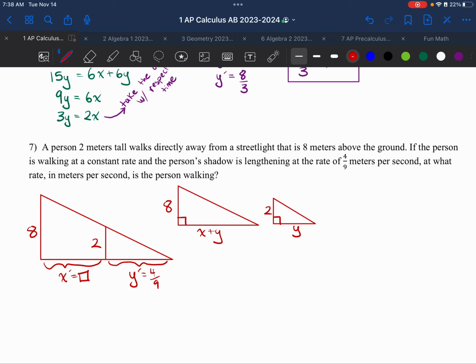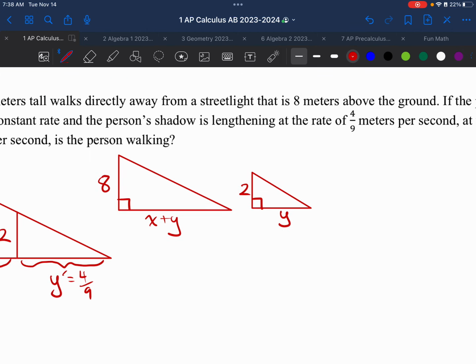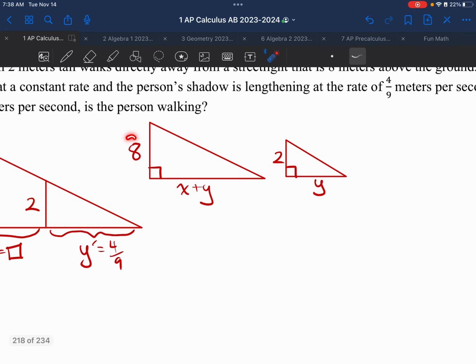Let's set up our relationship. I could say that this divided by this is equal to this divided by this. It doesn't really matter how I set up my triangles, but I typically like my 8 over x plus y, like I did in the last problem. So our relationship is that 8 divided by x plus y is the same fraction as 2 divided by y.